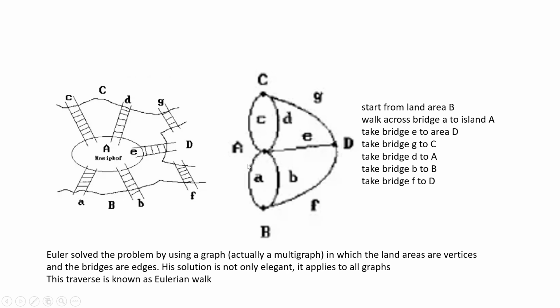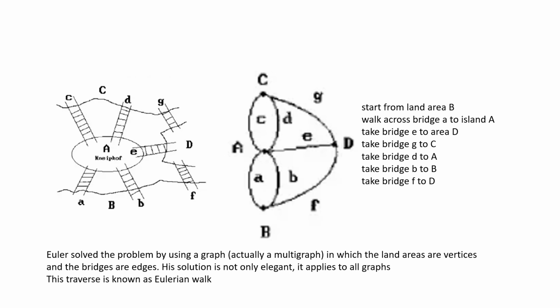Here the land areas are indicated with uppercase letters A, B, C, D, and lowercase letters indicate the bridges a, b, c, d, e, f, g, all connecting those land areas.